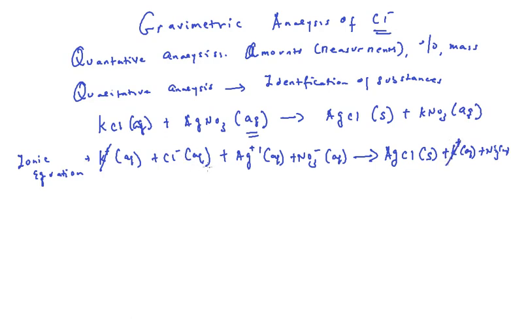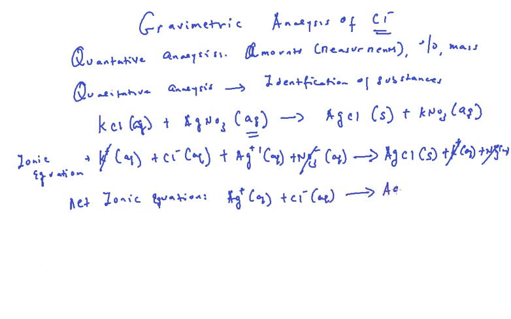We also have nitrate on the reactant side and nitrate on the product side. What we have here is called a net ionic equation. A net ionic equation means you have silver and chloride on the reactant side. On the product side, we have silver chloride.